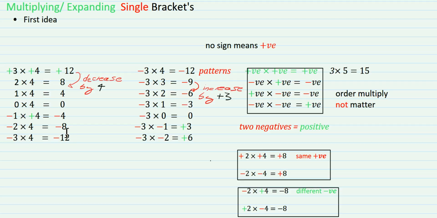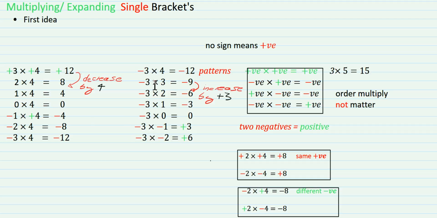So minus 8 take away 4 is minus 12, yeah? Okay, so we can see that we've got a negative number here and a positive number. A negative number and a positive number gives me a negative number. Okay, this negative 1 times a positive 4 gives me a negative 4.